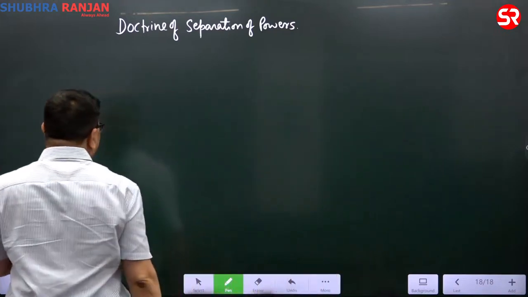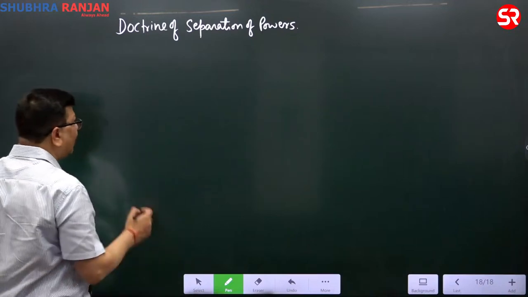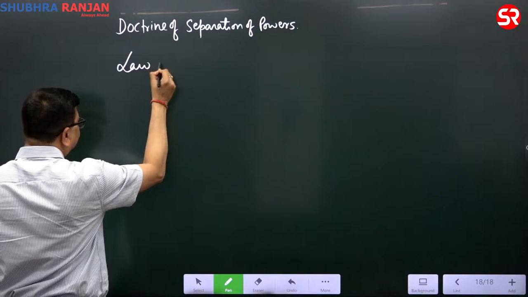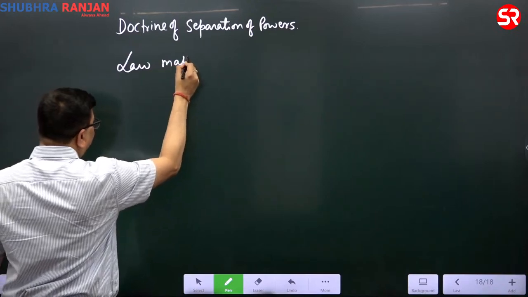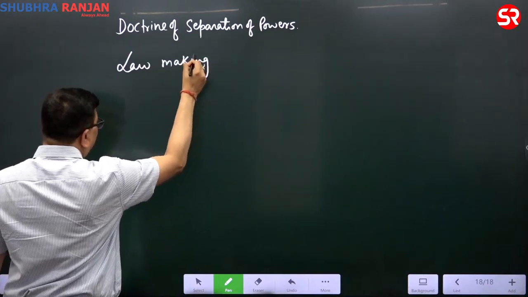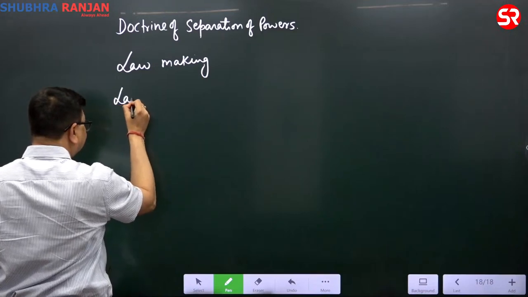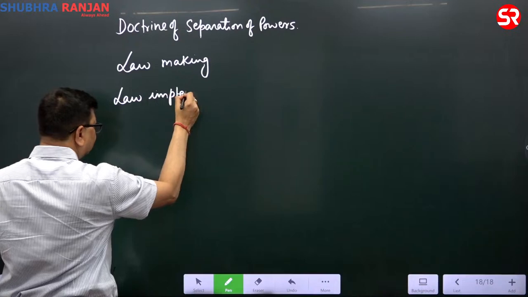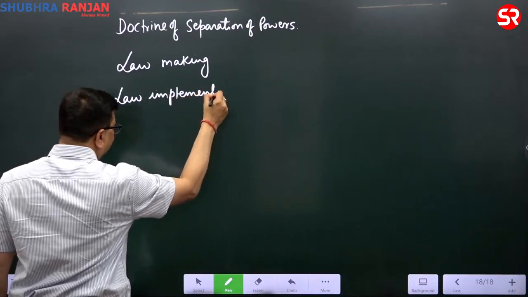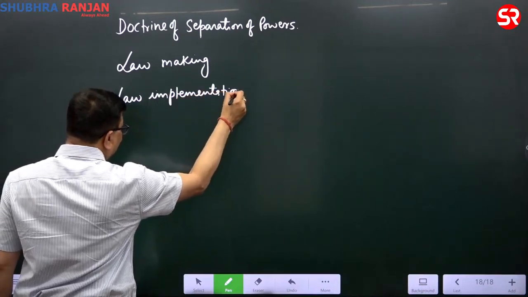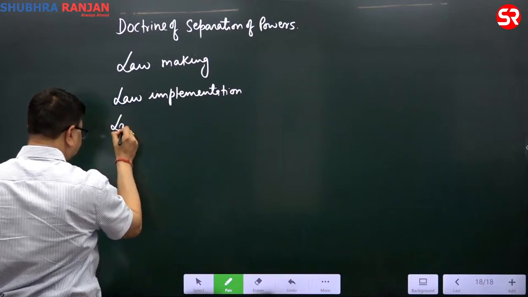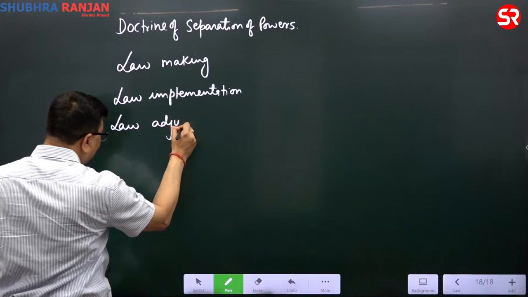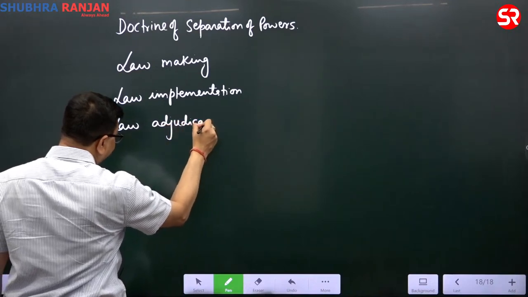You see, every state has 3 functions to perform, as we had discussed in the last class: law making, law implementation, and law adjudication.